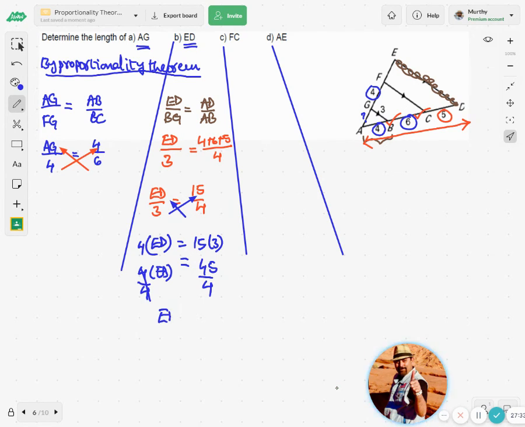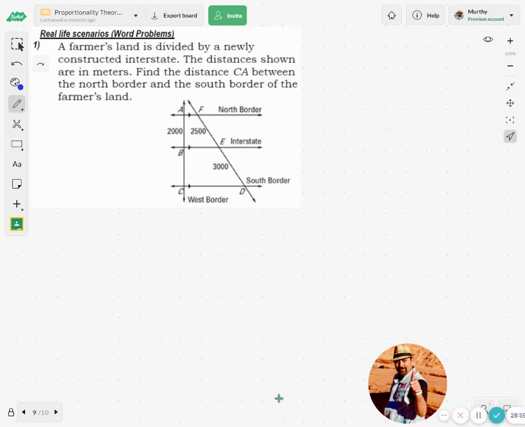Then I get ED equals, 4 11s are 44, then it is 11.25. You can make use of a calculator. You'll end up with 11.25. The last two, I want you to try on your own.